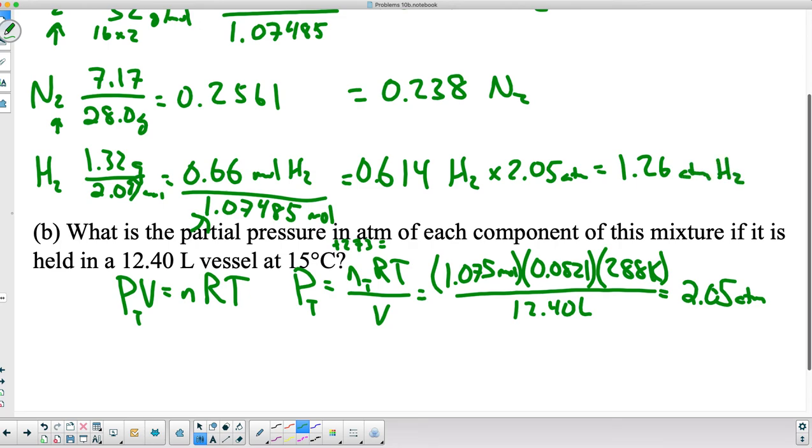This one is going to be 0.238 times 2.05 equals this right here, by the way, is P total. So mole fraction times the total pressure will get me the pressure of each one individually.